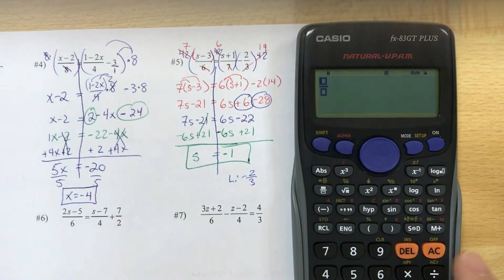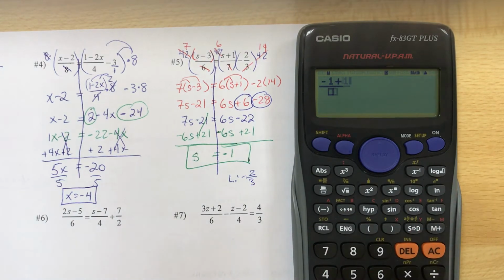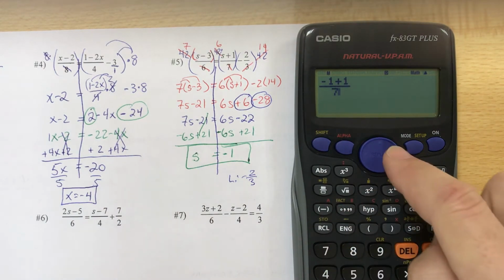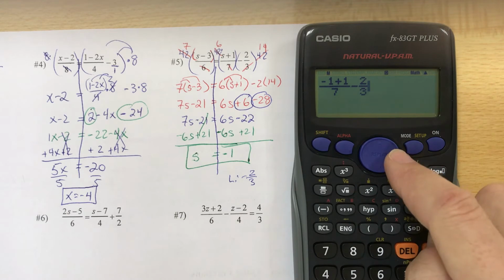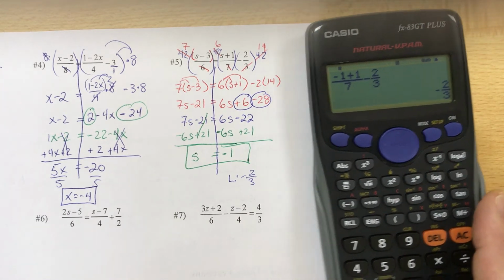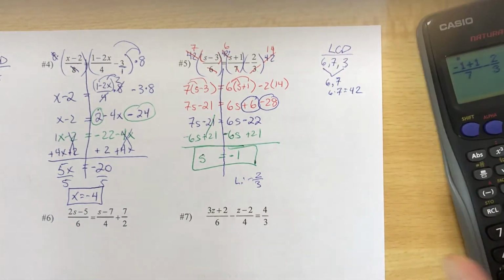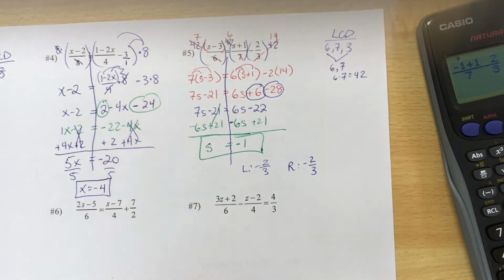So it was s, which is negative 1, plus 1 divided by 7, and then it was minus 2 over 3, and we get as an answer, negative 2/3. So we're good. So the right side is negative 2/3.